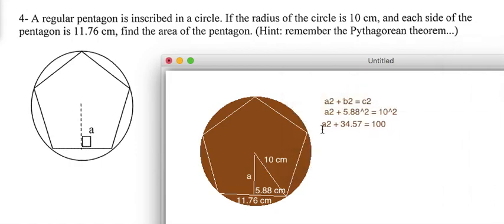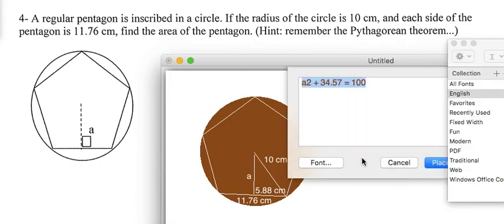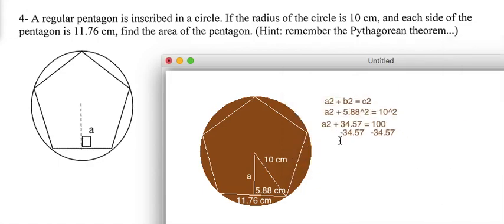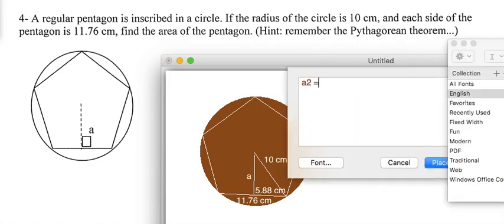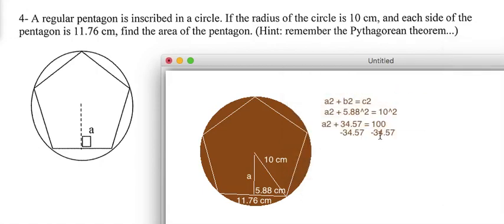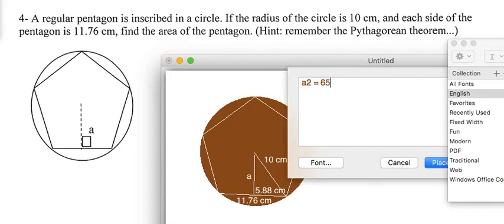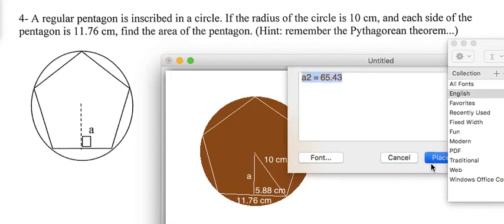And now to solve for A, you're going to subtract 34.57 from both sides. And when you do that, what happens is you have A squared is equal to 65.43.